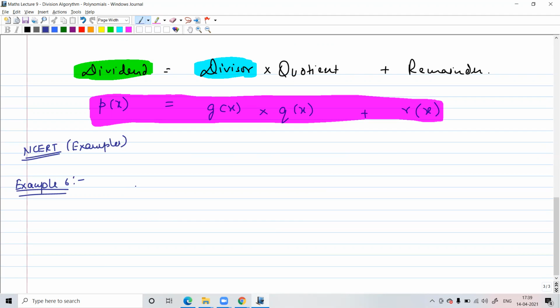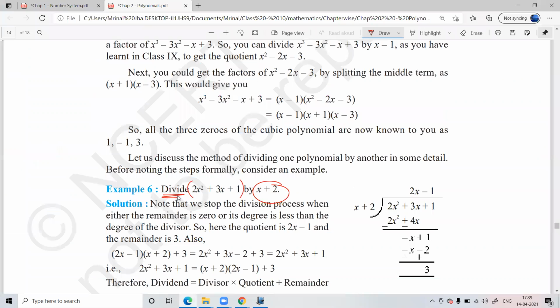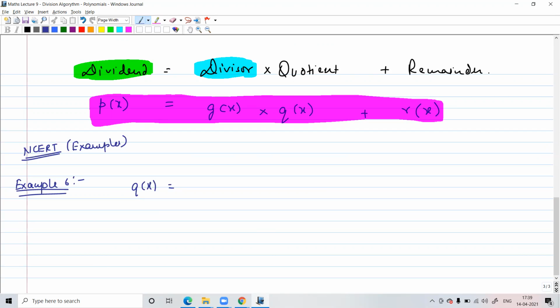Tell me guys, what is our dividend? Which one should I write as p of x? Sir, 2x squared minus 3x plus 1. You mean 2x squared plus 3x plus 1. Yes, that's correct. Sorry, sir, plus. 2x squared plus 3x plus 1. That is our dividend.